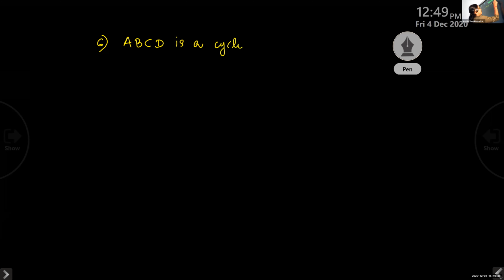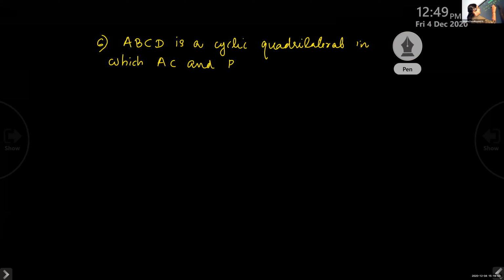ABCD is a cyclic quadrilateral in which AC and BD are its diagonals.